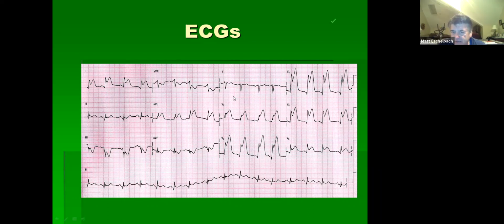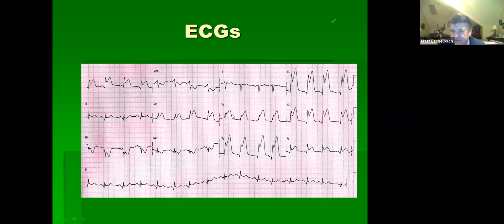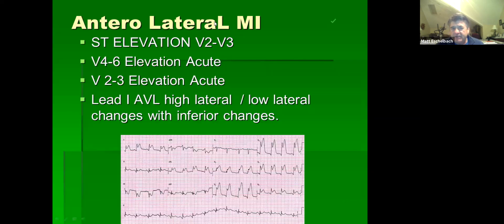V1 is not elevated, but V2 sure is. And V1 does have that inverted T wave. There's anterior, there's septal, and lateral changes. So anteroseptal MI is what I'm going to call this. ST elevation V2, V3, V4 through V6, and V1, V2 and V3 look acute. So anterolateral MI. So that's good.